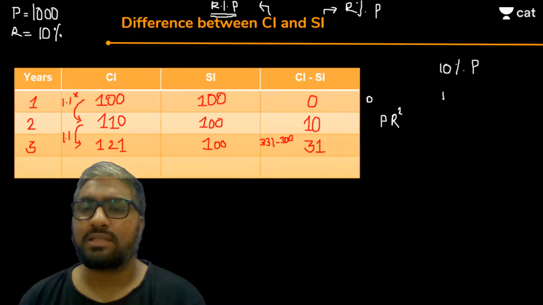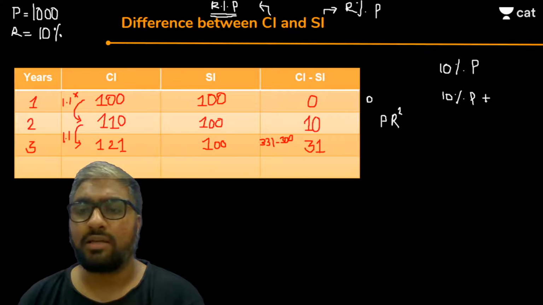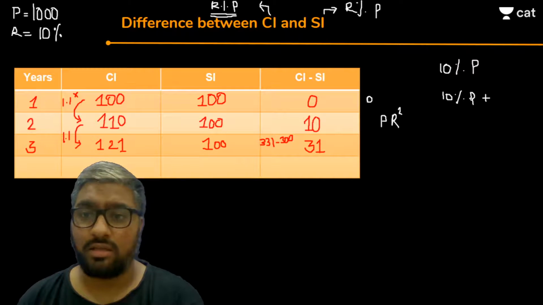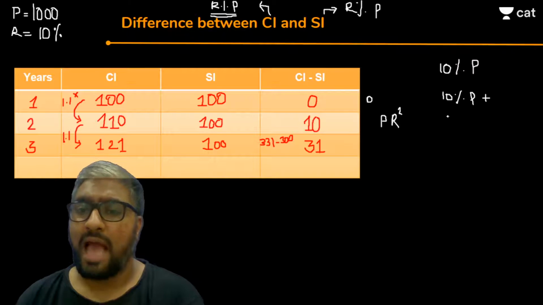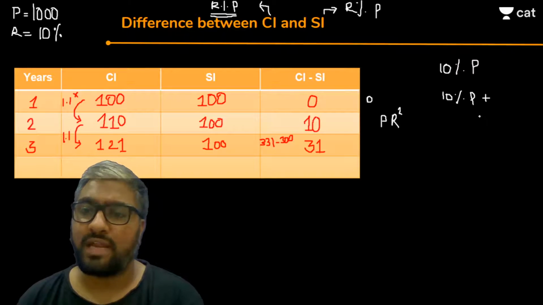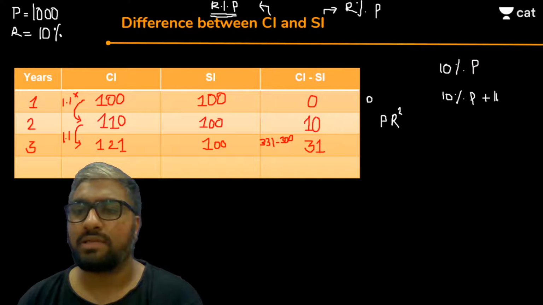The previous 10 percentage of P, and on the earlier one another 10 percentage of P. So 10 percentage of P and 10 percentage of 10 percentage of P. Do you agree?